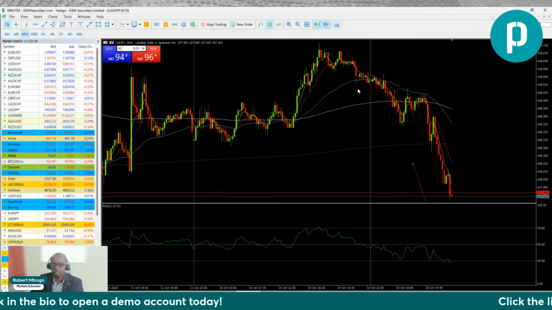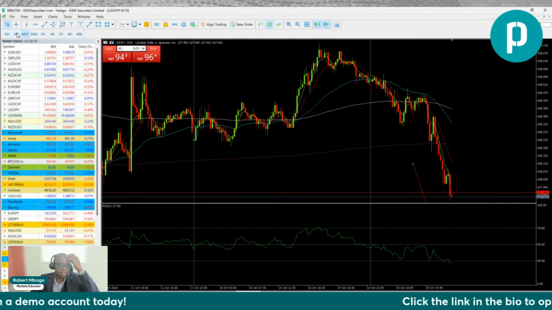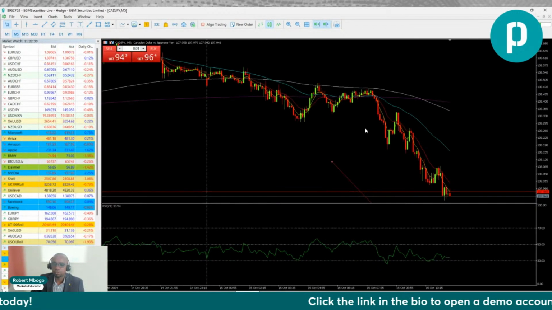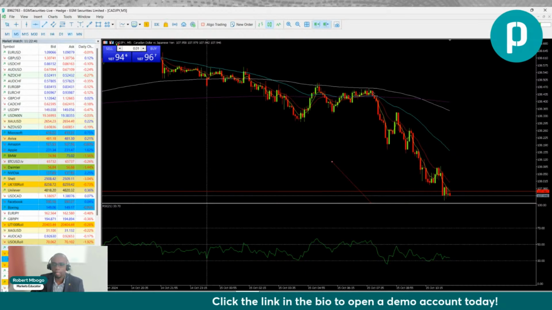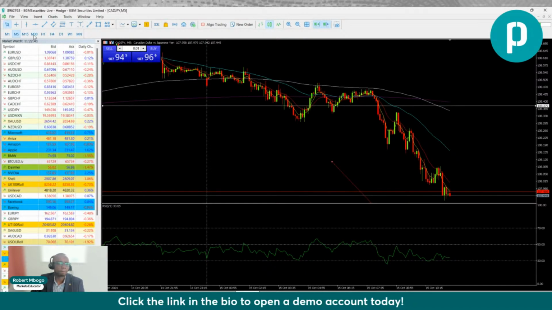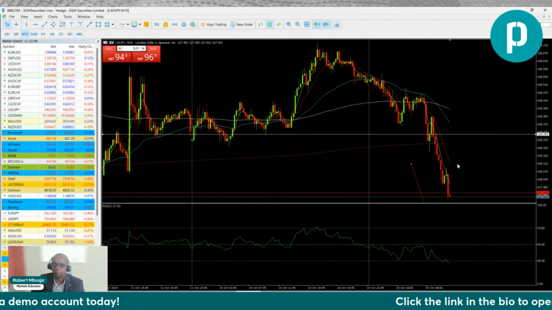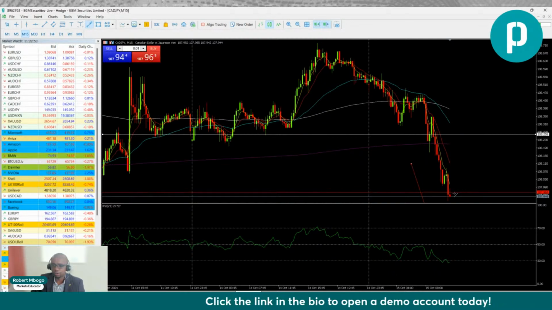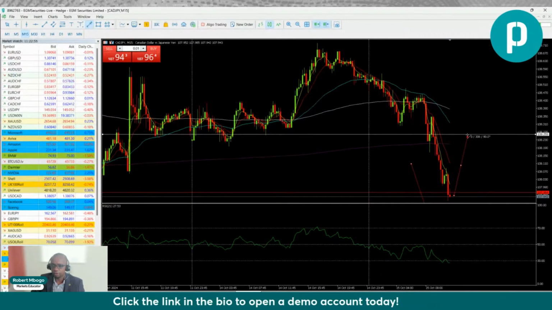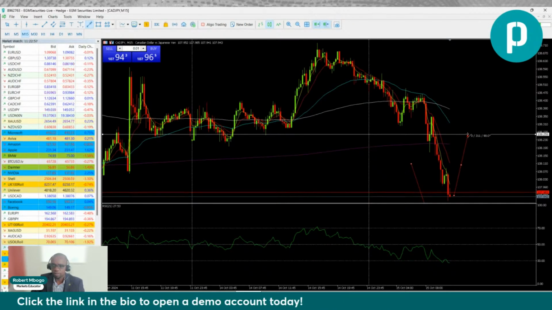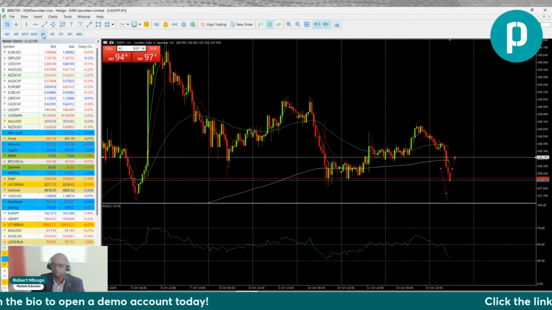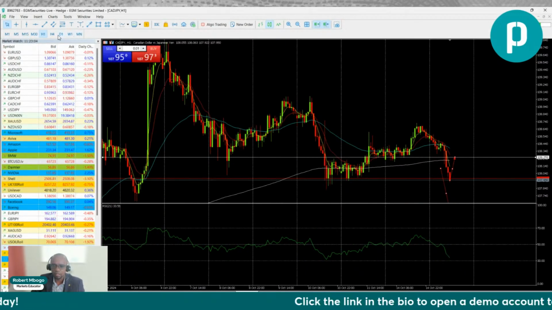But short term, maybe we could see some bullish push. Yeah, we could probably see a bullish push before that bearish move.